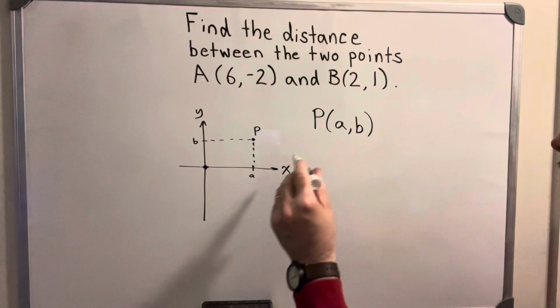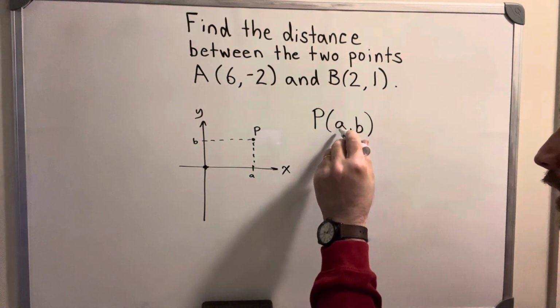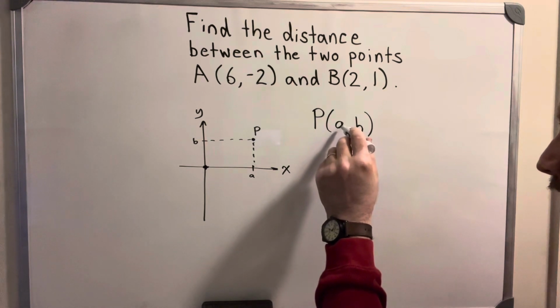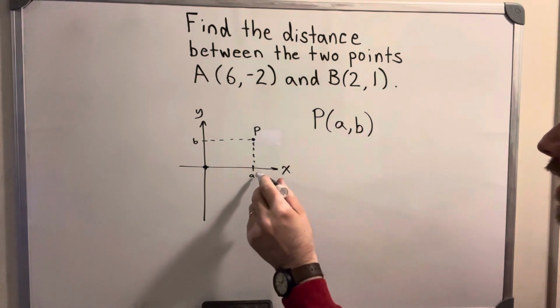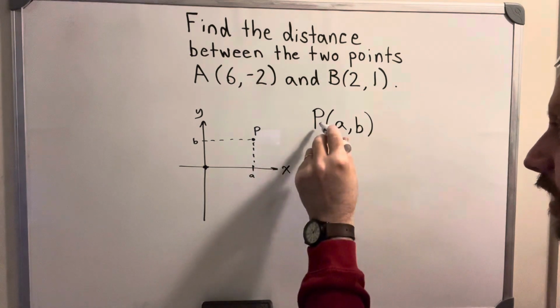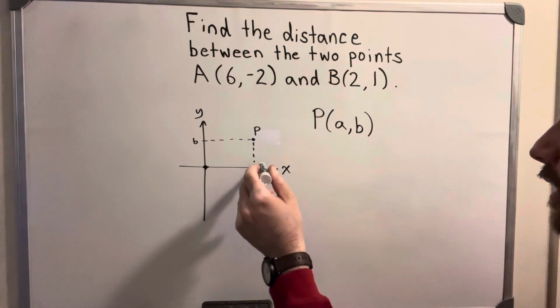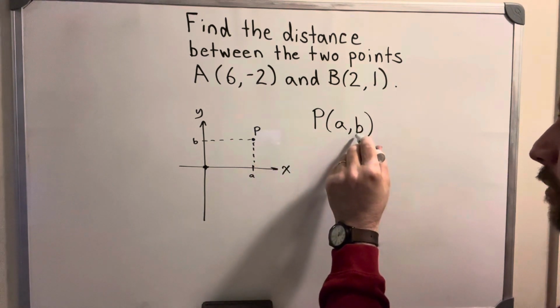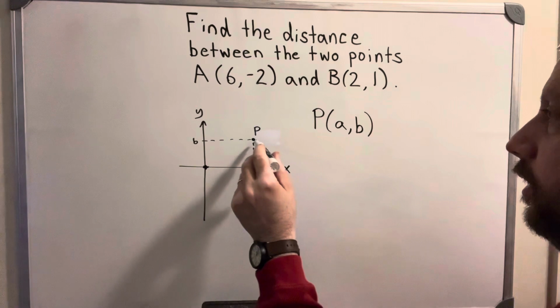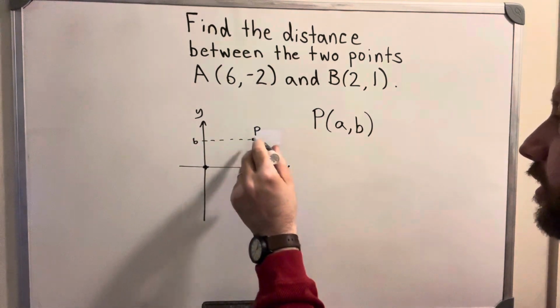So the first number that shows up right here would be a number. In this case, I just wrote A, since it could be any number. And it is how far along the point P is in the X direction. And then the second number is where along the Y-axis the point is.